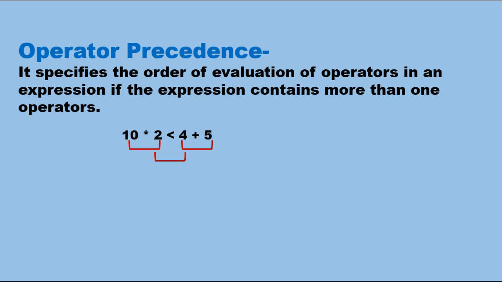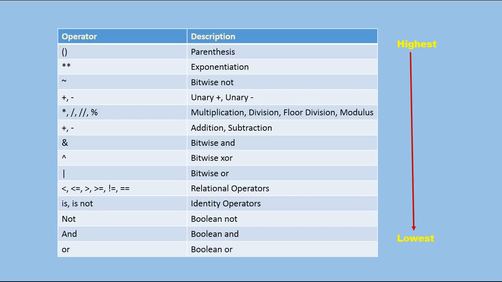Now how do we come to know about operator precedence? This is a chart that is going to tell you the precedence of various operators. In general, the exponentiation operator has the highest priority, then there are the arithmetic operators, then the relational operators, then the identity operators.